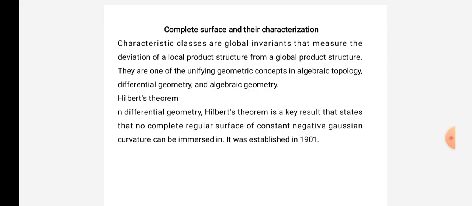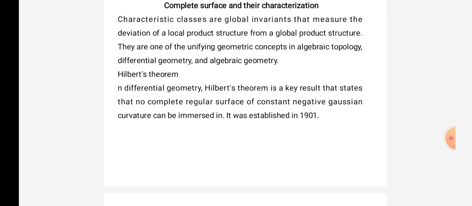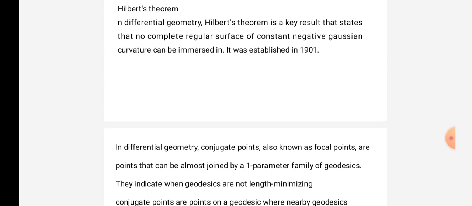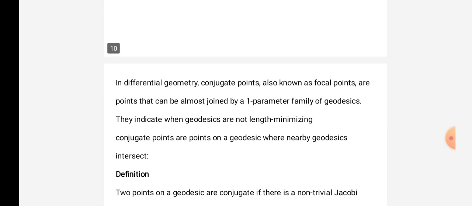What is meant by Hilbert's theorem? In differential geometry, Hilbert's theorem is a key result that states that no complete regular surface of a constant negative Gaussian curvature can be immersed in three-dimensional space. It was established in 1901. In differential geometry, conjugate points, also known as focal points, are the points that can be almost joined by a one-parameter family of geodesics.